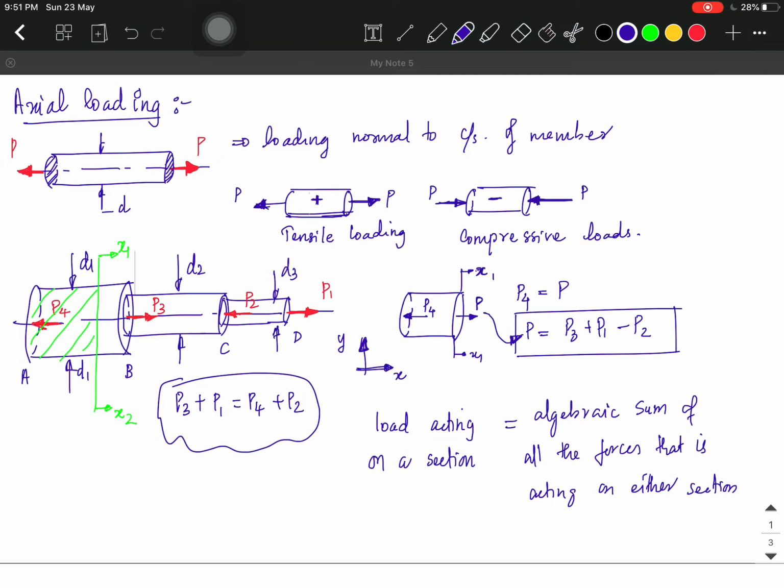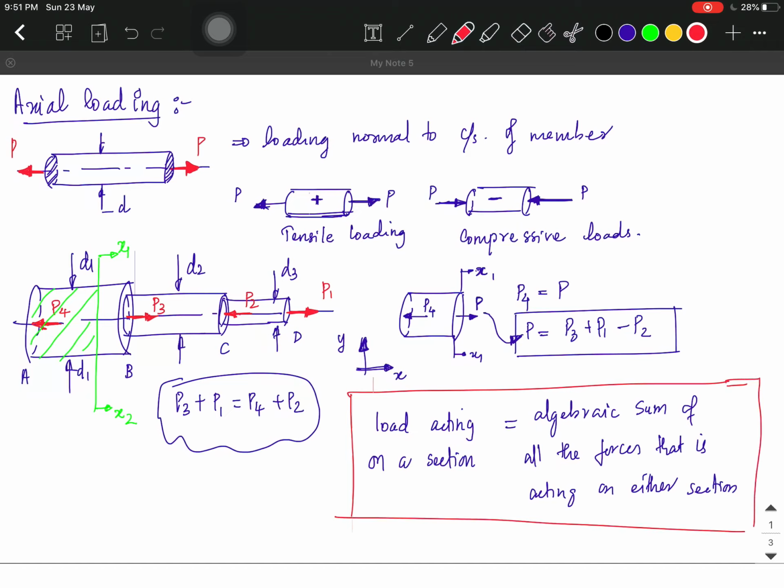This is the catch of this particular lecture: the load acting on a particular section of the member is equal to the algebraic sum of all the forces acting on either side of the section that we have drawn on a member.